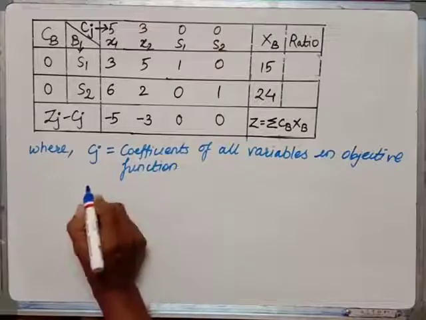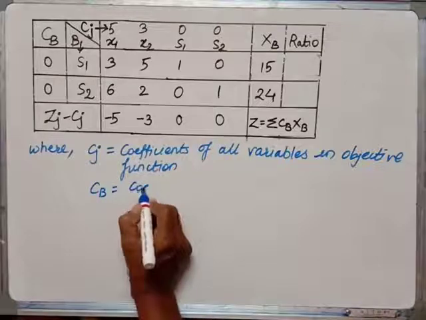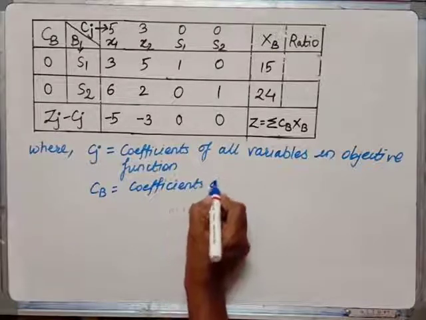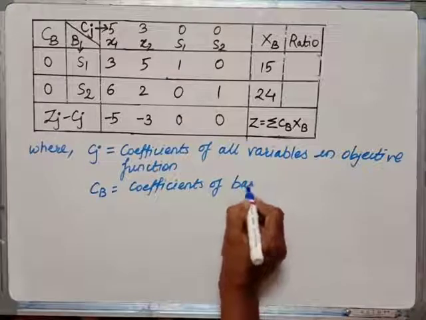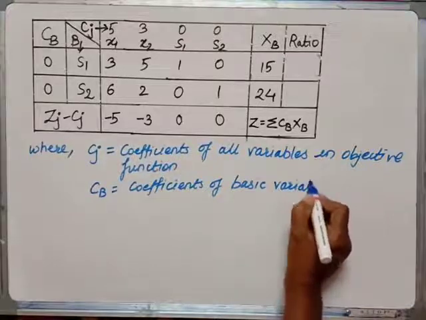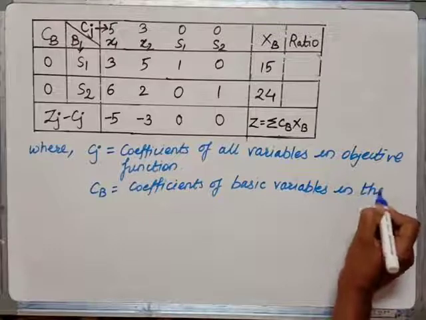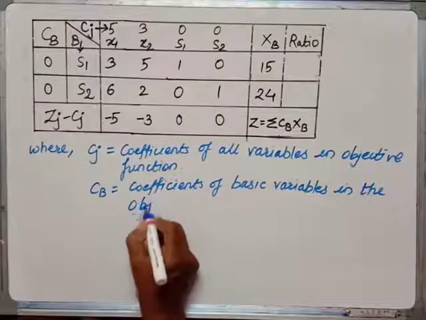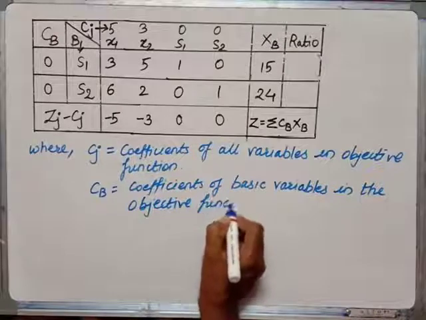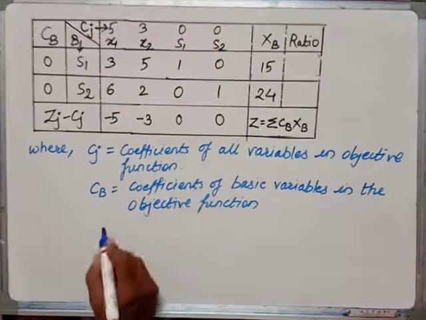Then CB, it is coefficients of basic variables in the objective function. You can check whatever I had explained, all these things are seen here.